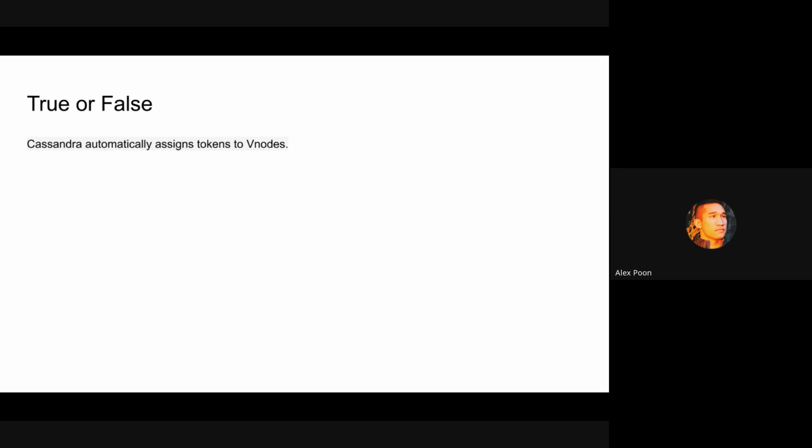Okay, most of you got it right. In Cassandra, when using vnodes, the system does automatically assign tokens to these vnodes.